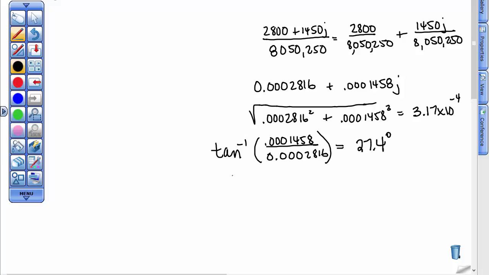And then in exponential form, your value for theta has got to be converted into an angle in radians, so I've got to multiply that by pi over 180 degrees. And when I did that, I got 0.478, I believe.